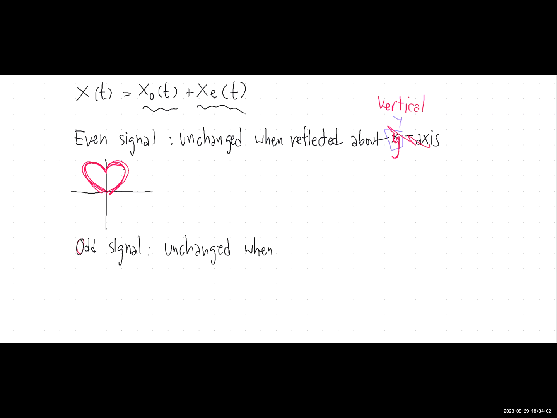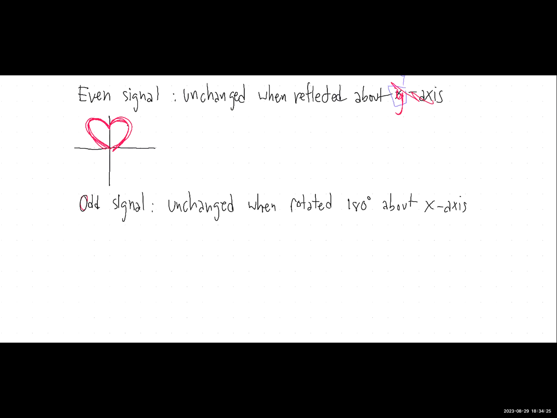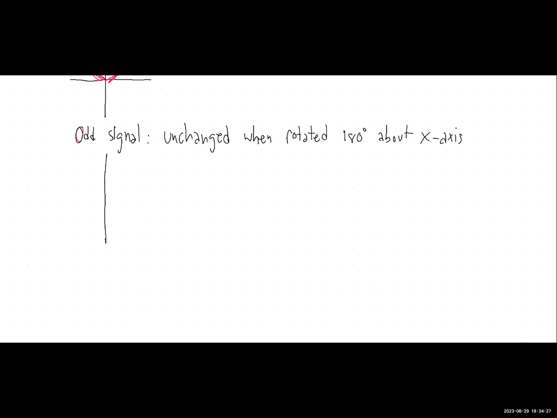This is the definition that I found on the internet, so please correct me, Professor, if it's not right. And it's gonna look something like this for an odd signal.